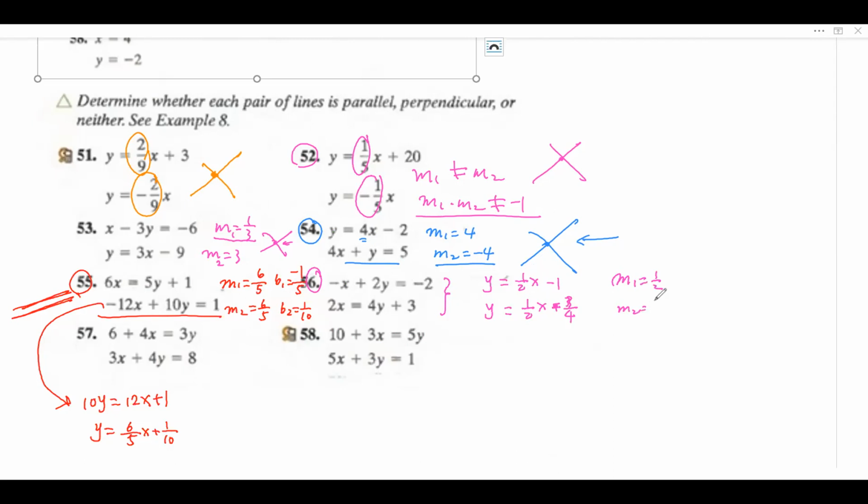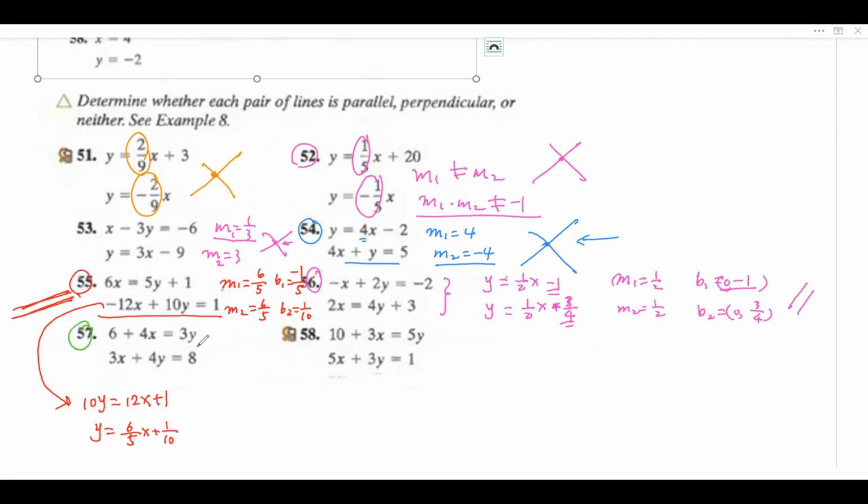The second slope is also half. After that, we need to check whether the y-intercepts are the same or not. The y-intercept for this one is (0, -1). For the second one it is (0, 3/4), right? So they are different. So they are parallel to each other as well, since their slopes are the same. All right, let's move on.